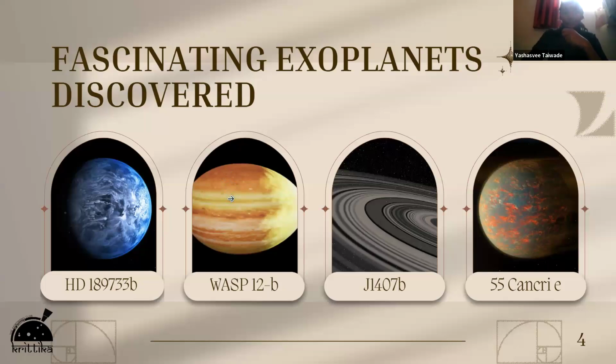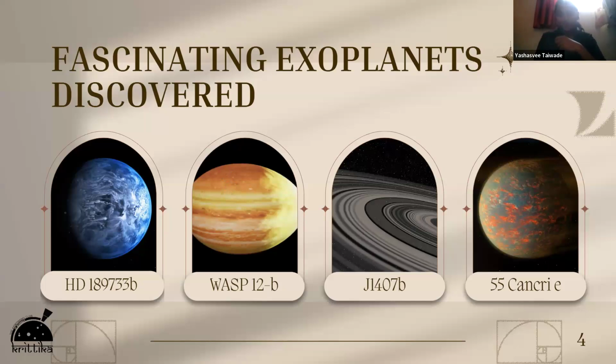Next is Vostral B. From the shape, you can see that it is an oval-shaped, egg-shaped planet. There is a reason for that. The planet is very close to its star, so because of the tidal forces from the star, it attains an egg shape. Next, we have J1407b.